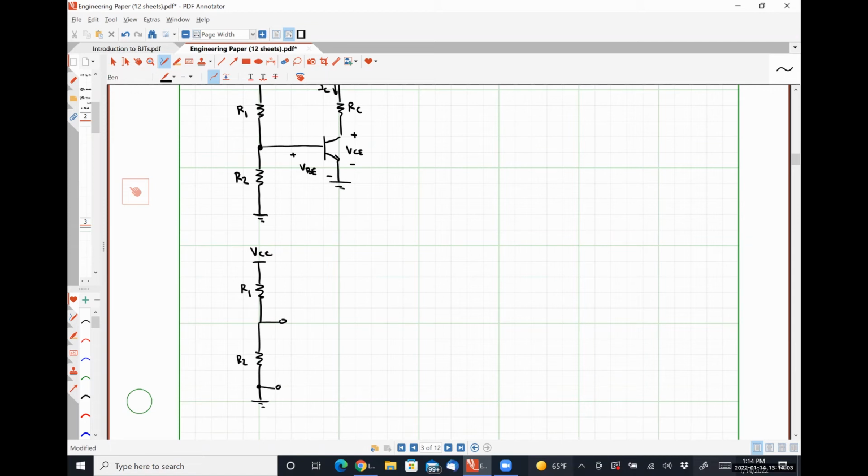I've disconnected this completely from the nonlinear portion of our network, so I should be good to figure out what V Thevenin and R Thevenin are. So V Thevenin in this case is just the voltage drop over resistor R2. What should that be?